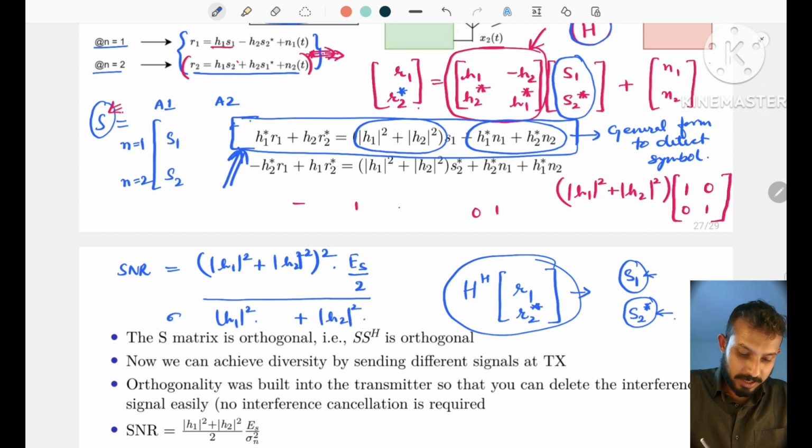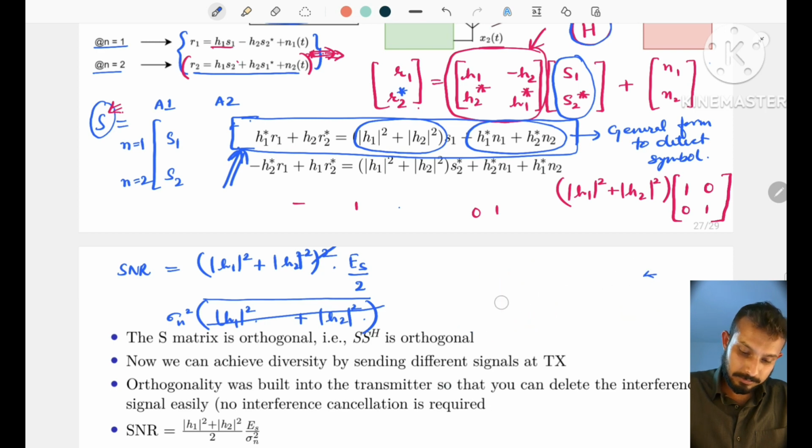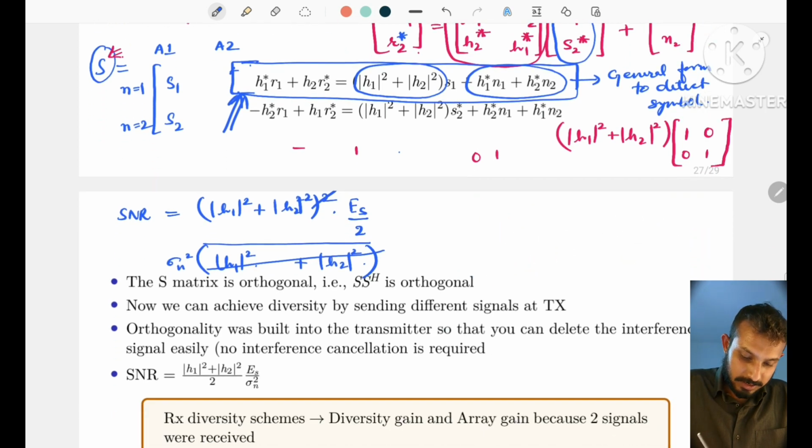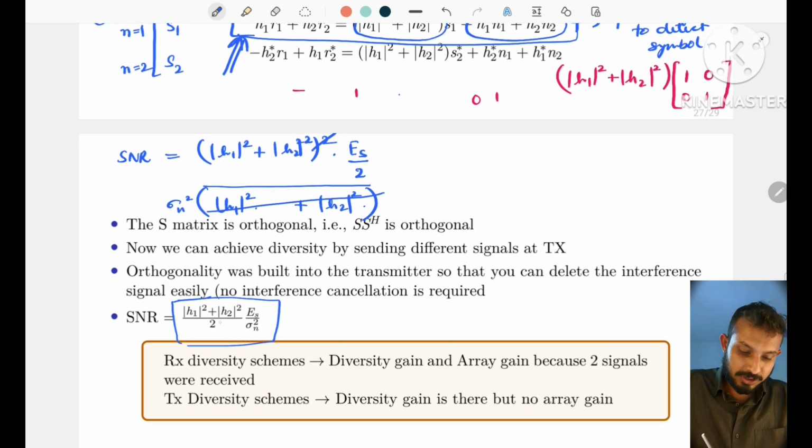So you have sigma N square here, and you can write it in this form. This one term will get cancelled with the square, and what you are left with is basically this part: mod H1 square plus mod H2 square divided by 2 times ES by sigma N square.